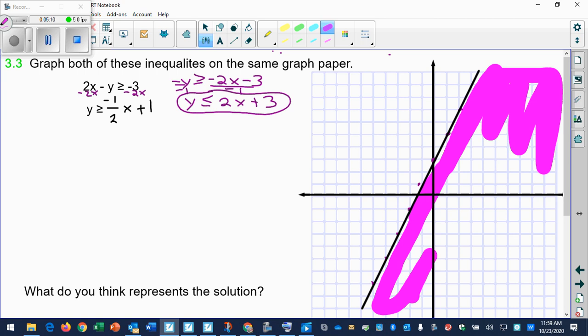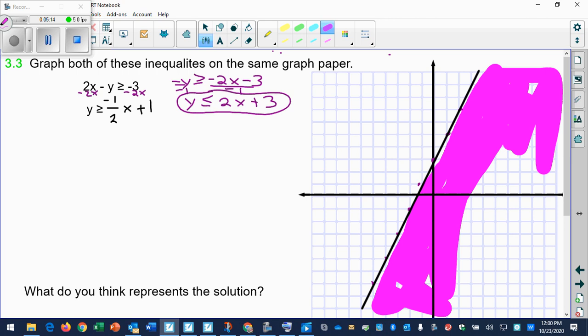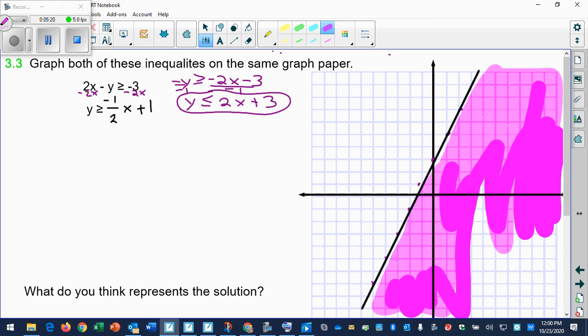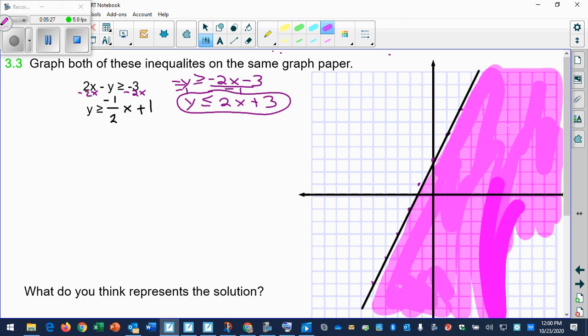Isn't that beautiful? And of course, you can test a point if you want to double check if you're not certain. But I'm pretty confident about this. Nobody disagreed with me, right? Okay. Are we all good? Good job. Okay. Now let's go on.